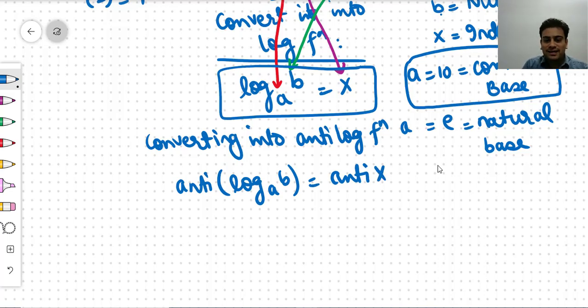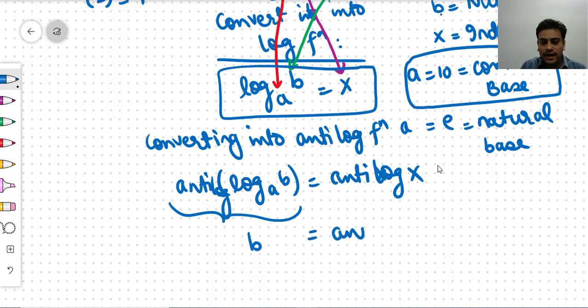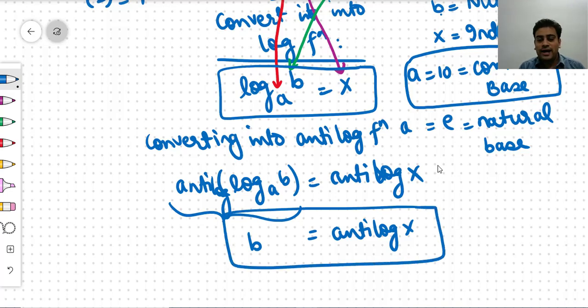Anti-log and log cancel, so the left side will be equal to b. So anti-log of x is equal to b. These are my two structures of logarithm and anti-logarithm.